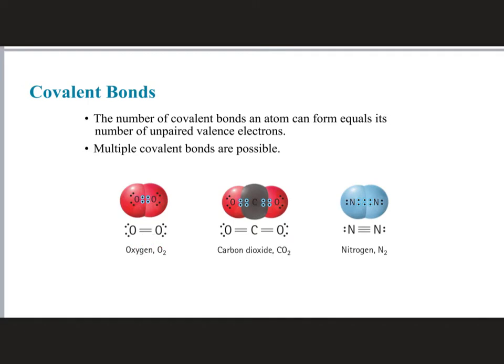We see the same sort of thing with carbon dioxide. Carbon dioxide is, of course, a very famous gas these days because of its role in the greenhouse effect and global warming. But here we have a carbon atom which is forming double covalent bonds with 2 oxygen atoms.